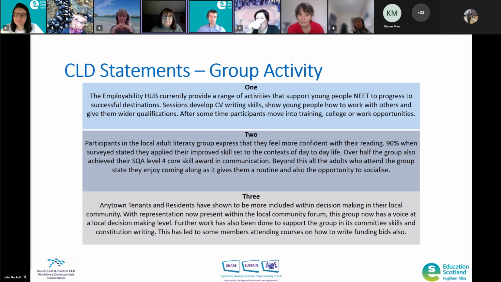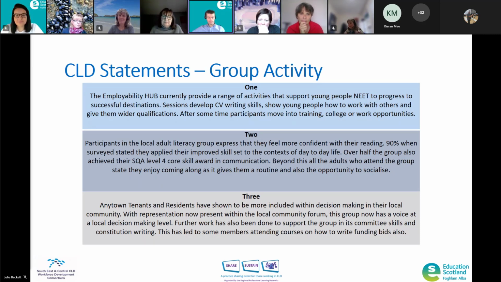So about saying the judgment in regards to the type of skills that's been delivered or developed by the young people. That judgment is based on how you see they've used the skills in practice, and how confident they feel. Maybe if they've done an evaluation and say, I feel much better at writing CVs now than I did before, you can make that judgment and use that word. Mm-hmm. So it doesn't always need to be a brand new statement. So that's really good. Really good statement to make.